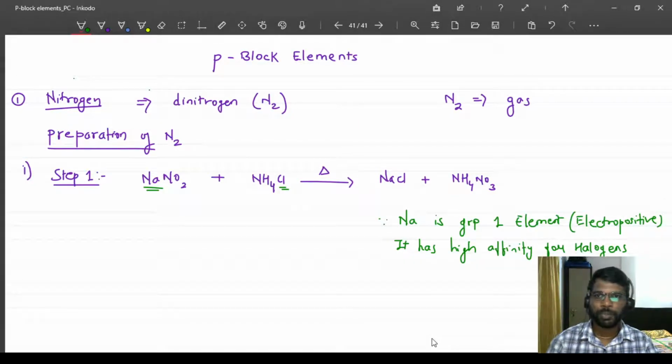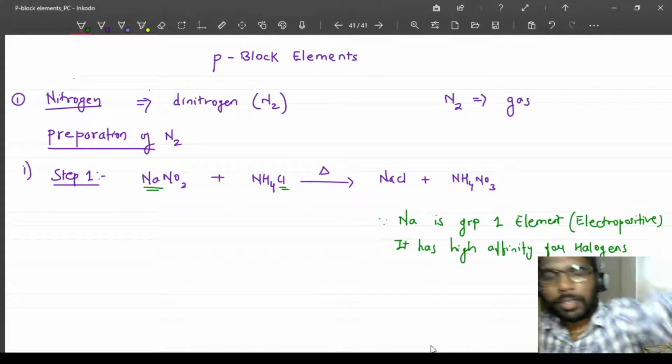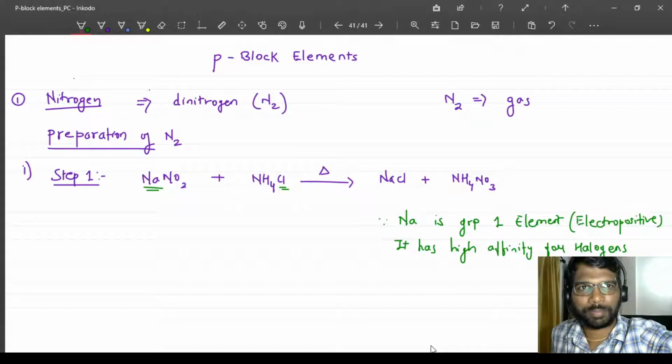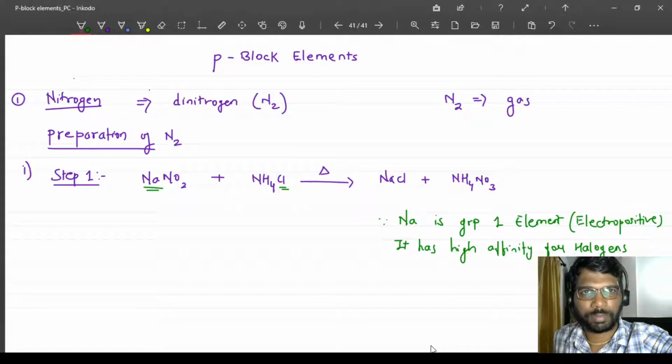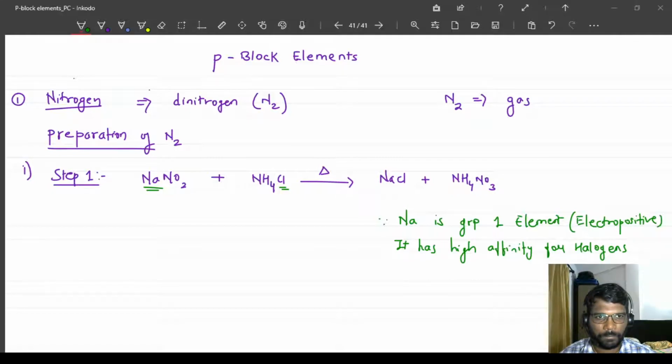Okay, so that is the thing. It is having high affinity for the halogens.